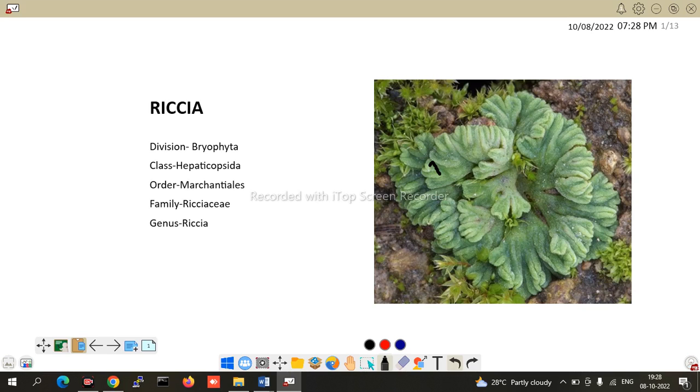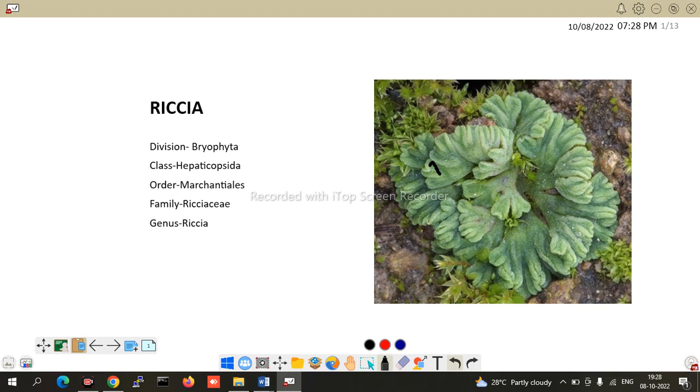Hence the order is Marchantiales. Also they have a thalloid plant body, and the gametophytic phase is the dominant phase in the life cycle. Next, the family Ricciaceae, as per the name Riccia, and the genus Riccia.